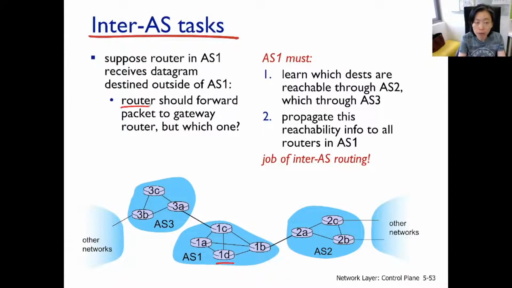So this router will actually have trouble judging which of the two gateway routers, 1C or 1B, it should pass the packets to, so that these gateway routers will be able to pass further to the neighboring router along the shortest path to the destination.